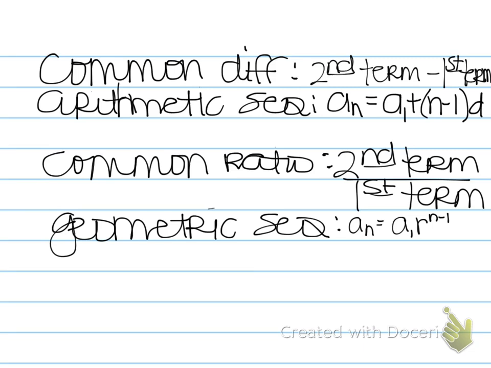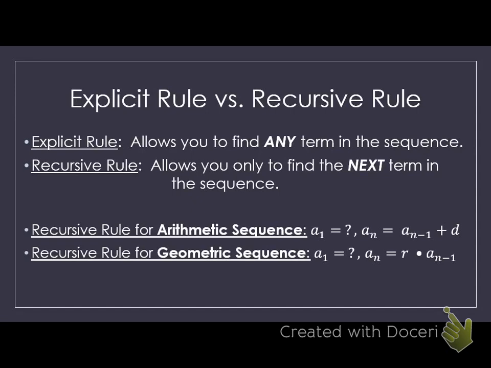If you look at today's lesson, these are called our explicit rules. I have not used that word, but I need you to understand that the two formulas we just wrote down, a sub n equals a sub 1 plus n minus 1 times d, and a sub n equals a sub 1 times r raised to the n minus 1, are called our explicit rules.